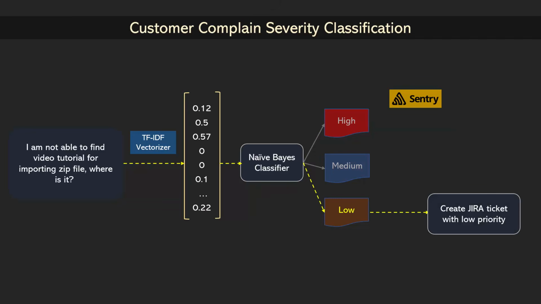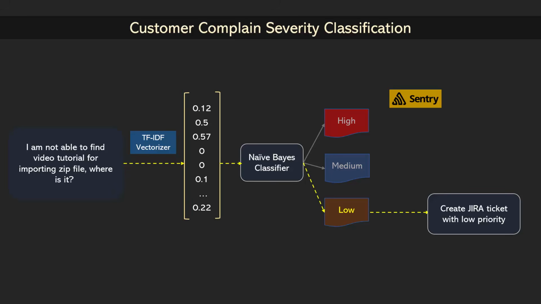You can also have a different type of complaint where you're saying, okay, I'm not able to find a video tutorial. Now this is not a high severity complaint, it's a very low severity. In this case, maybe your workflow will be to create a Jira ticket with low priority, and maybe someone will look at it after a week or so.